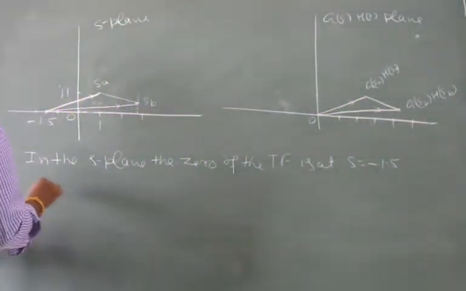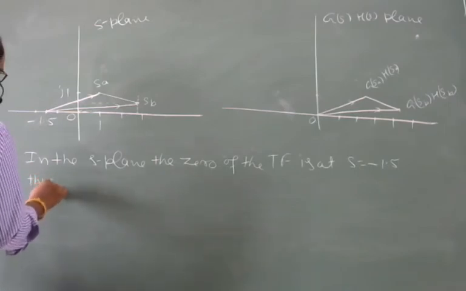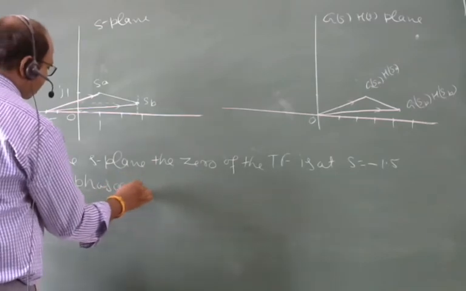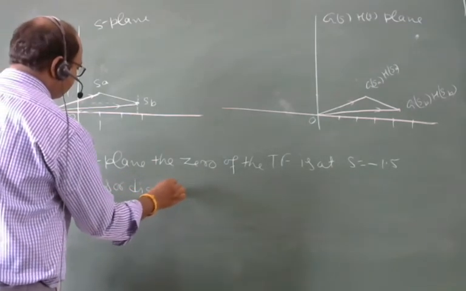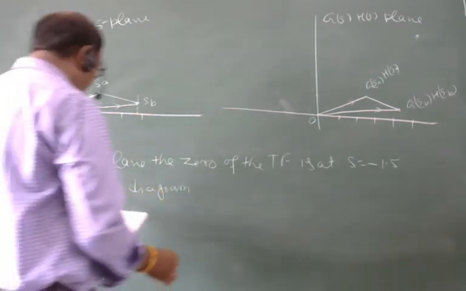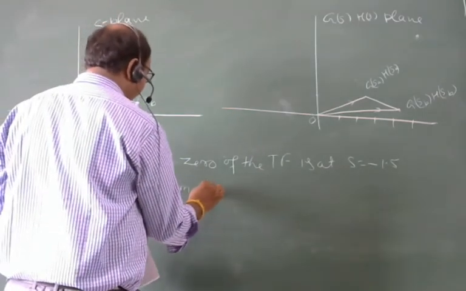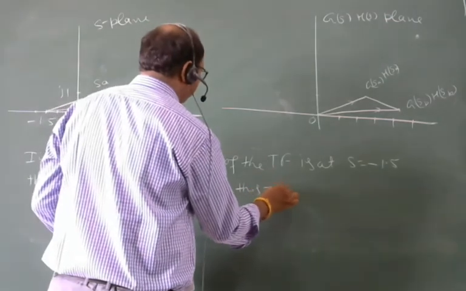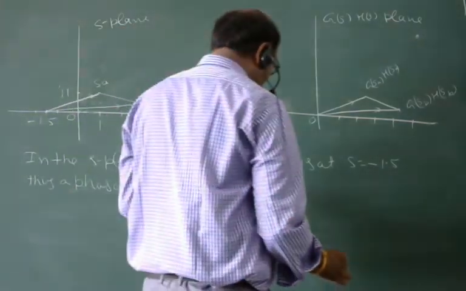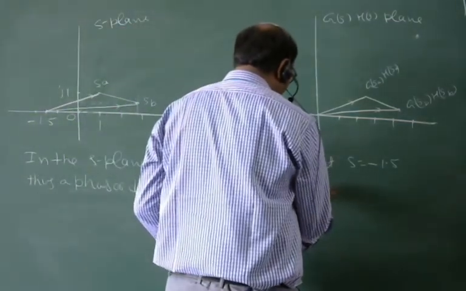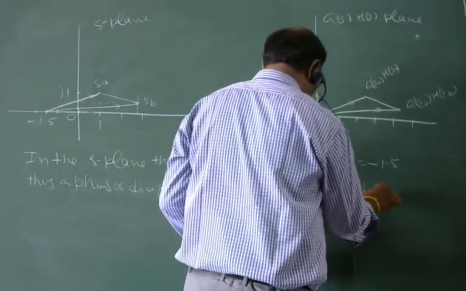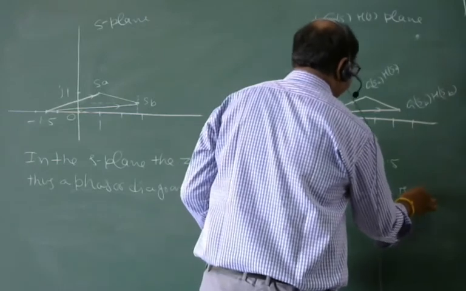Thus, a phasor diagram from this 0 to SA and SB is shown.